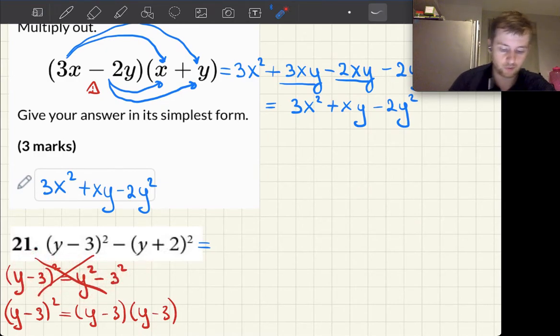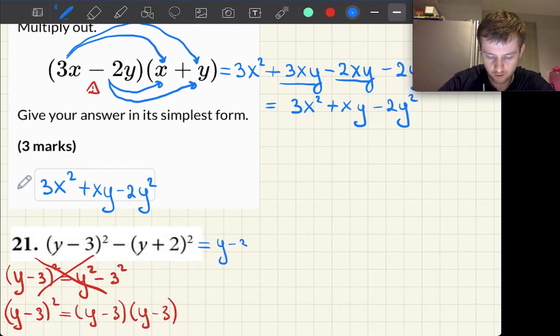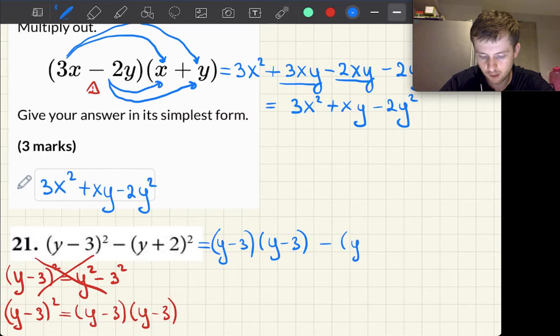So y minus 3 squared equals y minus 3 times y minus 3 again, because anything squared equals this thing, in this case an expression, times itself. So yeah, we're going to have y minus 3 times y minus 3 minus y minus y plus 2, sorry, times y plus 2.